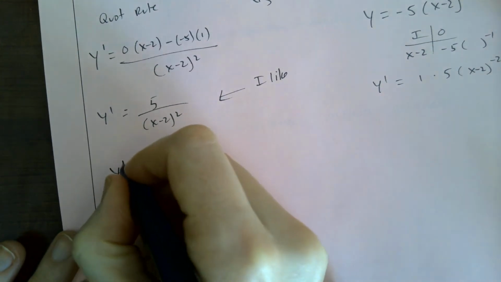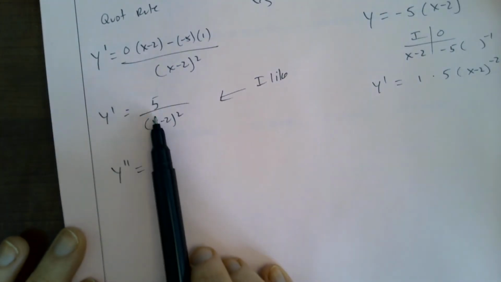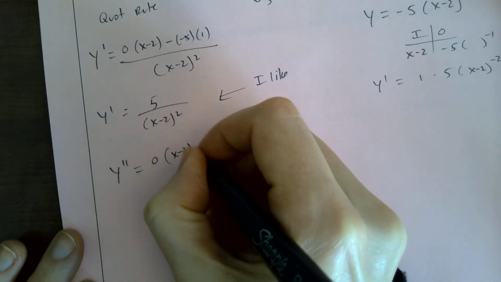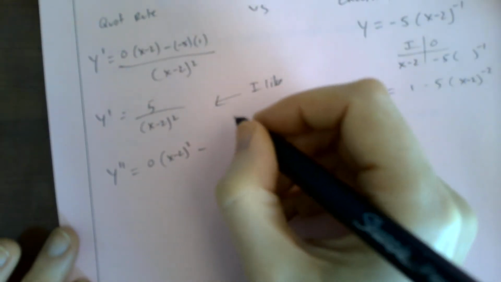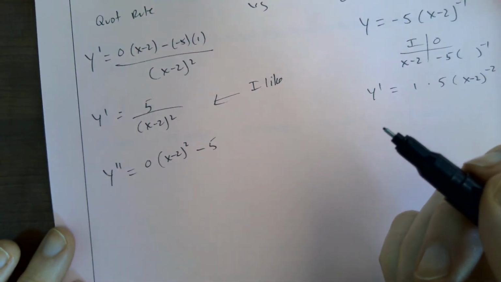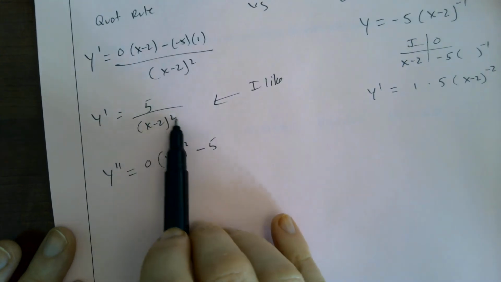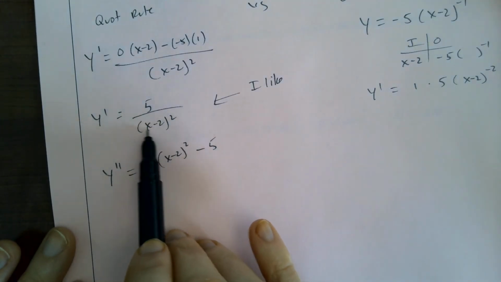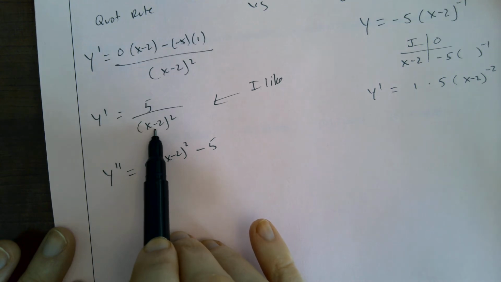So then for y double prime, the derivative of 5 is 0. And then I take x minus 2 squared, minus 5. Now the derivative of x minus 2 squared, I've got to do chain rule on this. The derivative of this inside is just 1.